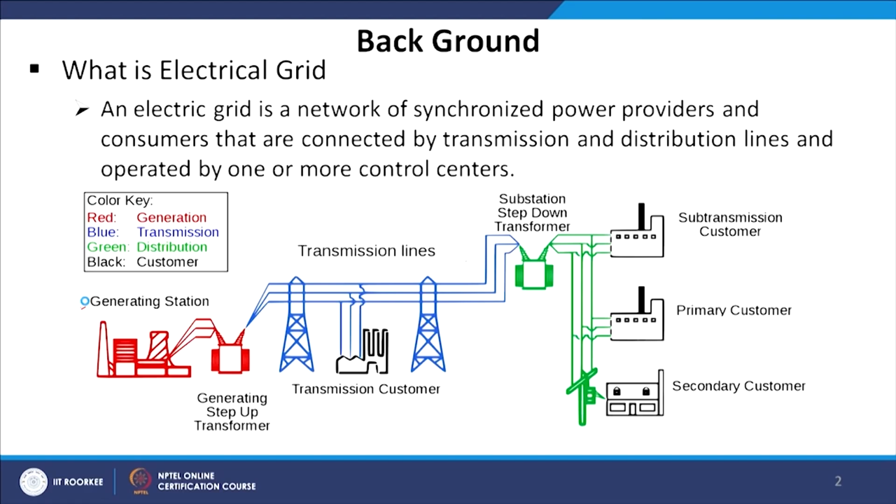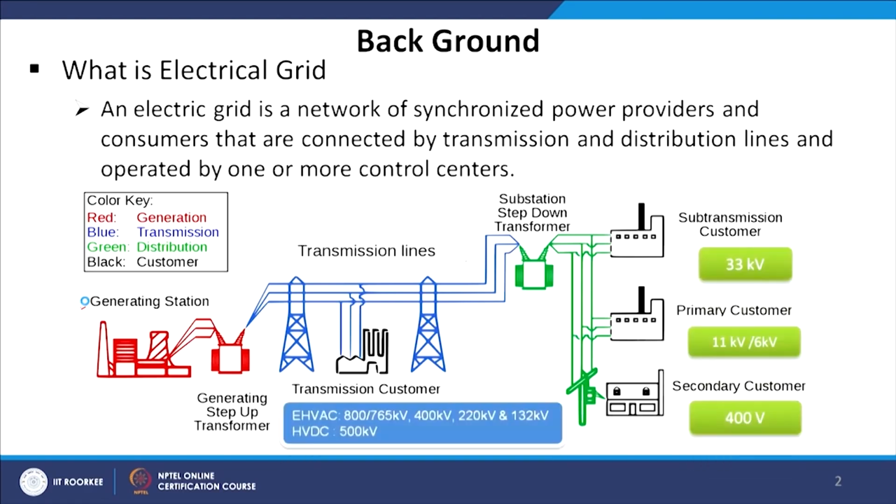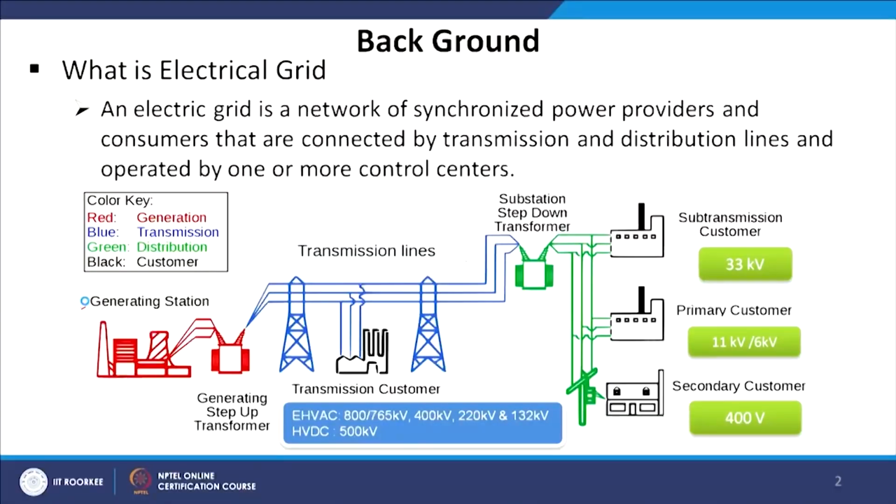The generating station ideally transfers its energy through either EHV AC lines or HVDC lines, and the voltage rating of those EHV AC lines is either 800/765 kilovolts, 400 kilovolts, 220 kilovolts and 132 kV. Whereas, the commonly used HVDC lines are of 500 kilovolts.